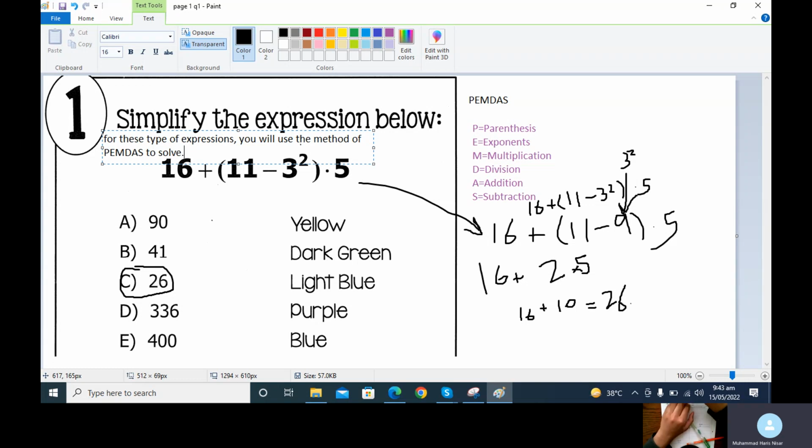Clear? Okay. Yes, you can snip it and we can move forward.